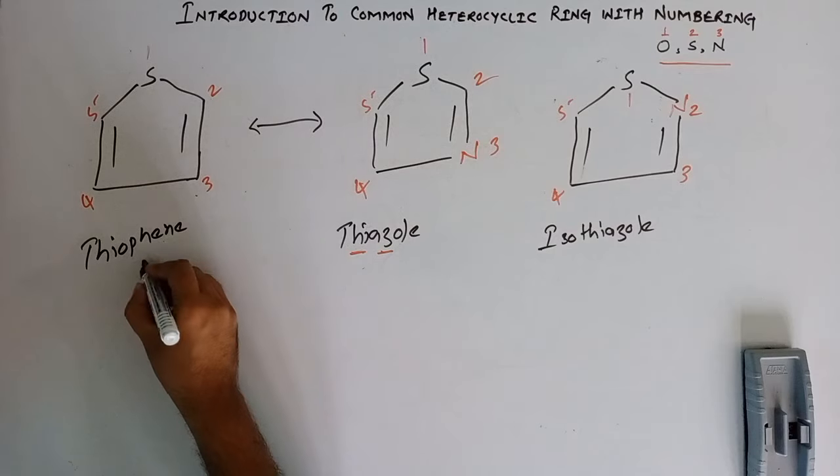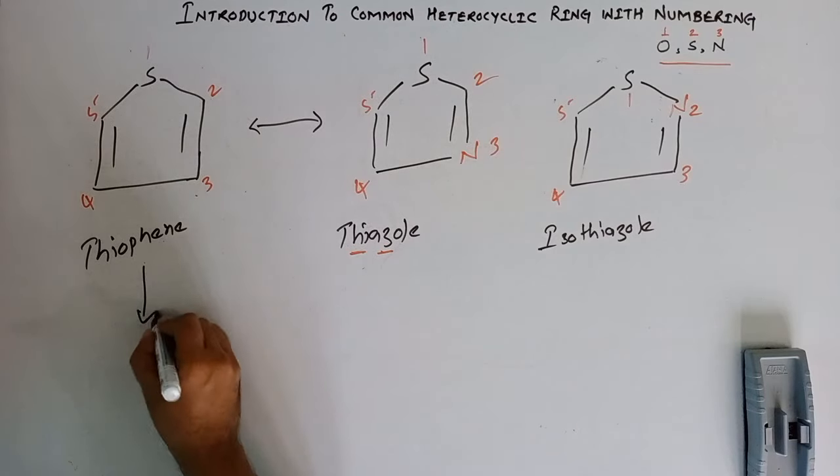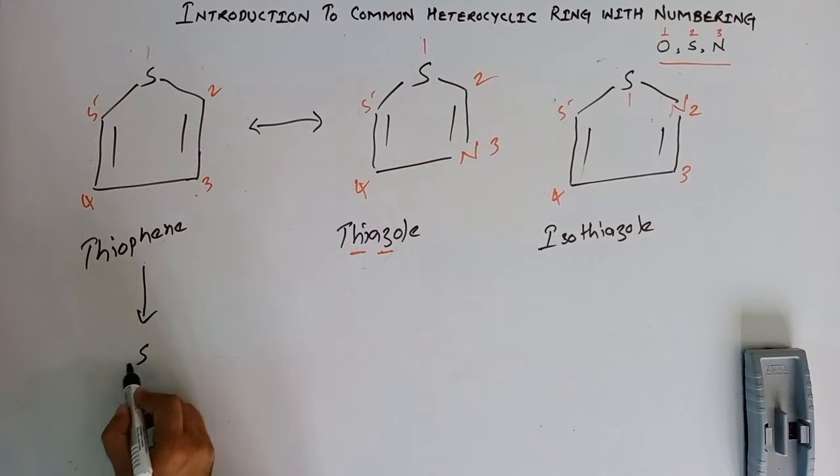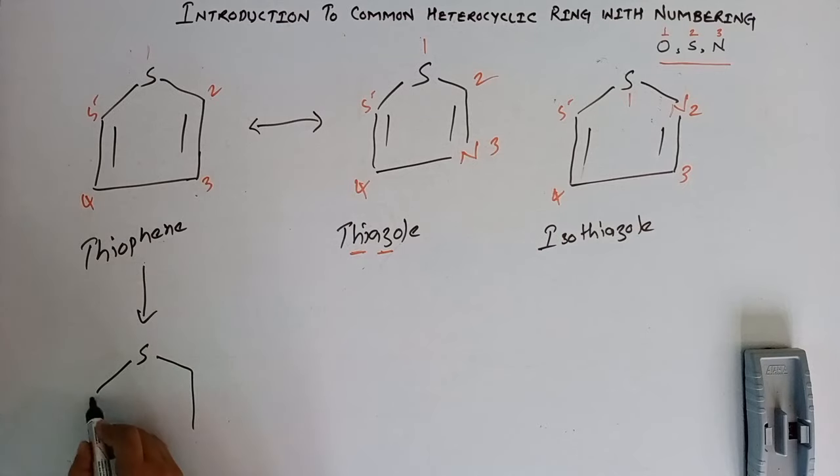Now their saturated structures. The saturated structure of thiophene is like this. This is known by the name tetrahydrothiophene.